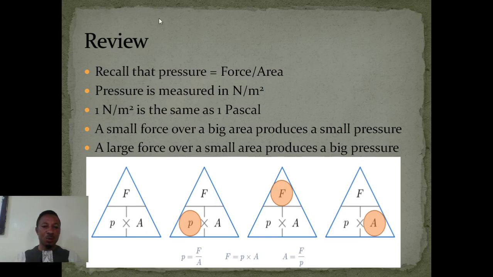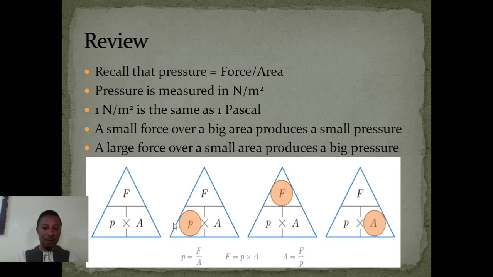A small force over a big area produces a small pressure, and a large force over a small area produces a big pressure. Okay, now you can manipulate your formulas this way in case you are in a triangle, in case you are given different options to find.